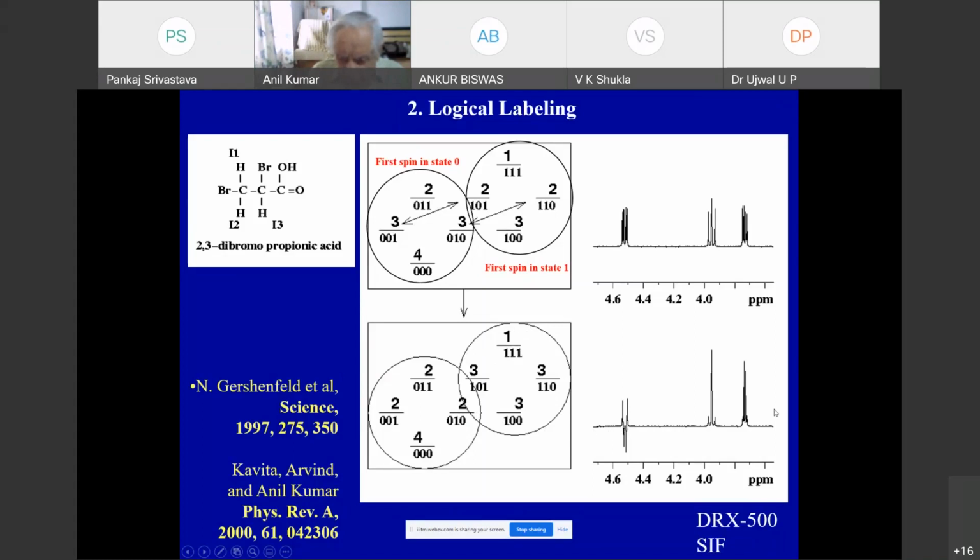This is the spectrum corresponding to this population distribution. You can sit down and think about it, and you will come up with this spectrum. This was the first paper that we published in Physical Review in 2000, and we actually got started by a swap gate, but the swap gate is coming up next.